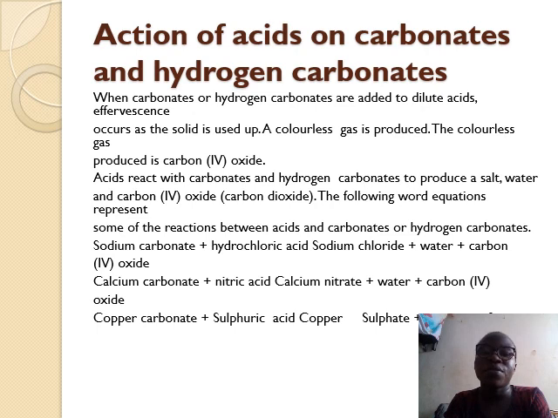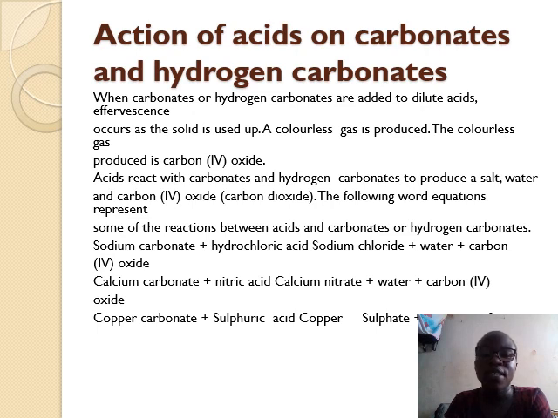The following word equations represent some of the reactions between acids and carbonates or hydrogen carbonates. The first equation is sodium carbonate plus hydrochloric acid, which gives sodium chloride, water, and carbon dioxide gas.